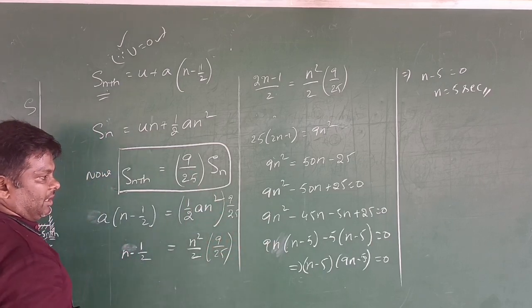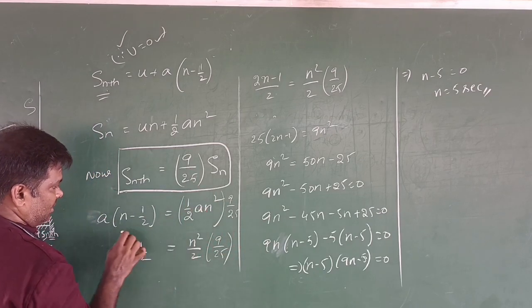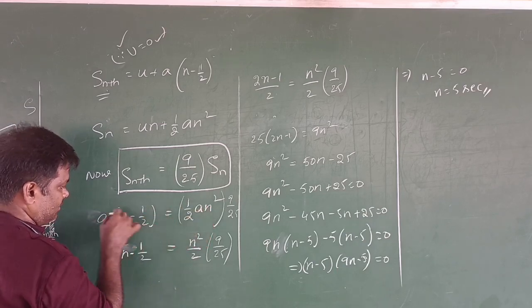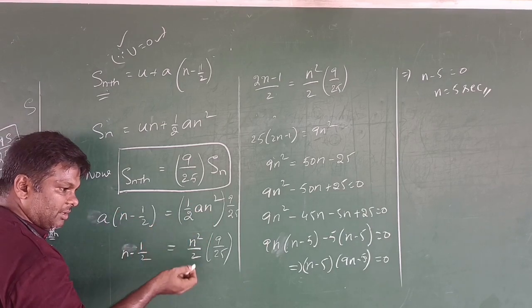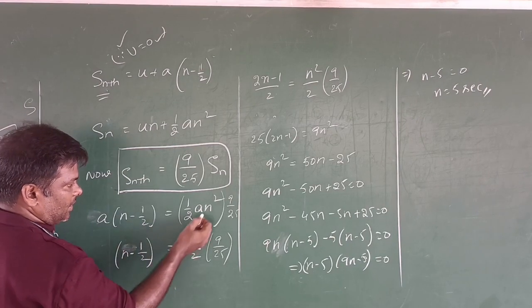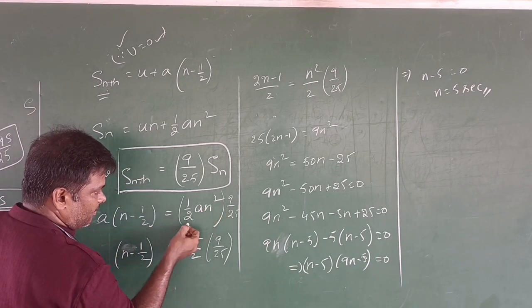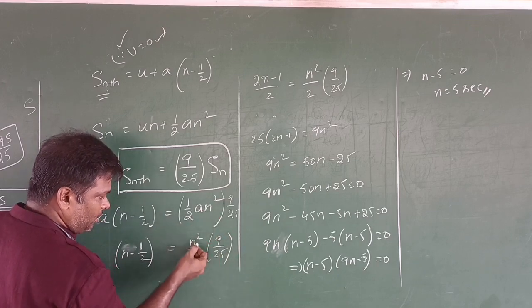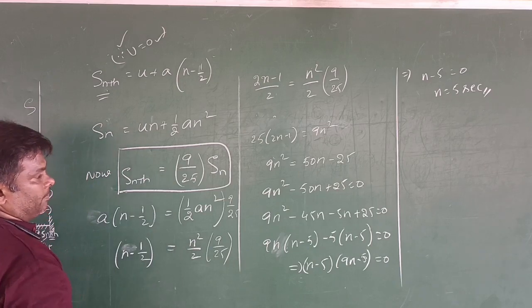By simplifying this, observe: a and a will get cancelled, on both sides a is there. Then what remains? n minus 1 by 2 is equal to n square by 2 into 9 by 25.